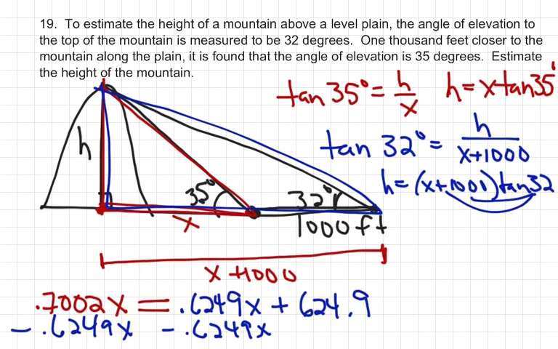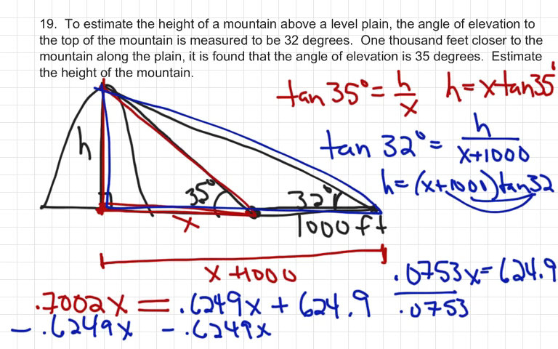And I'm going to get 0.0753x is equal to 624.9. And then I'm going to divide by 0.0753. And I'm going to find out that x is approximately 8299 feet. Well, now that I know what x is, now I can find h.